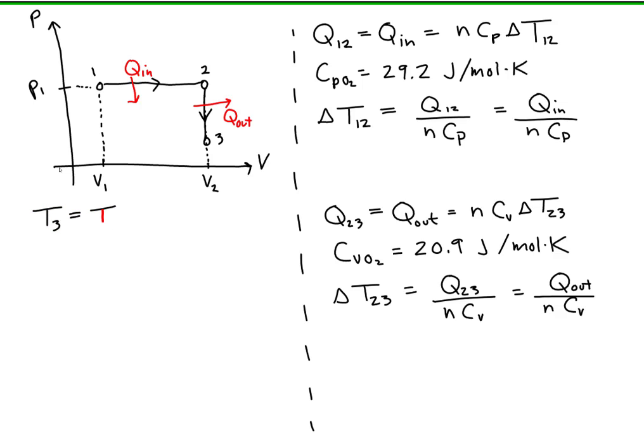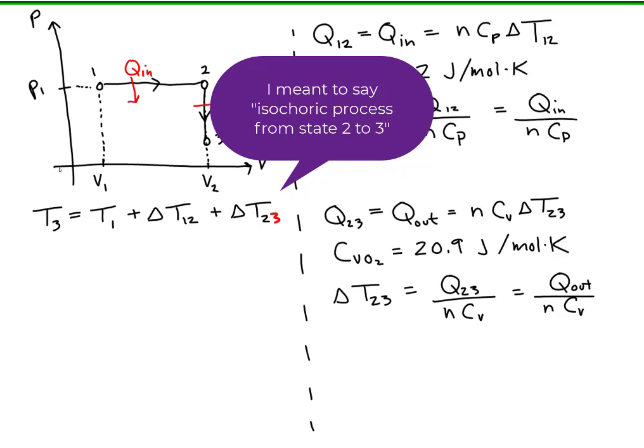We now have enough information to determine the final temperature of the gas. The final temperature of the oxygen gas in state T3 is equal to its initial temperature plus the changes to its temperature during the isobaric process from state 1 to 2 and the isochoric process from state 2 to 3.